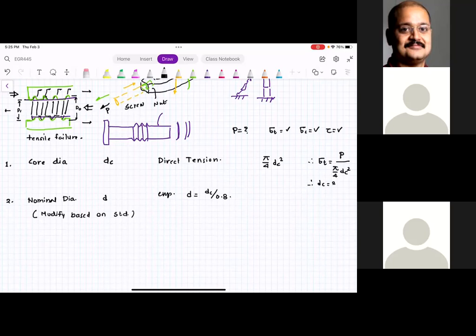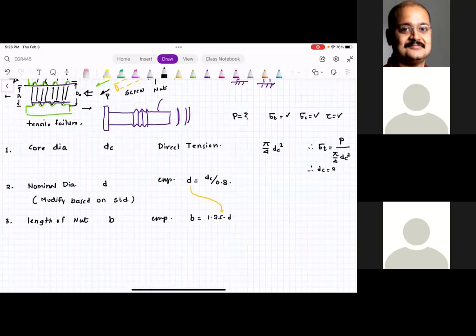Then next step, length of the nut. That is an empirical dimension, which is B is equal to 1.25 times D, and this D is this guy. Then step 4, check threads for shear.